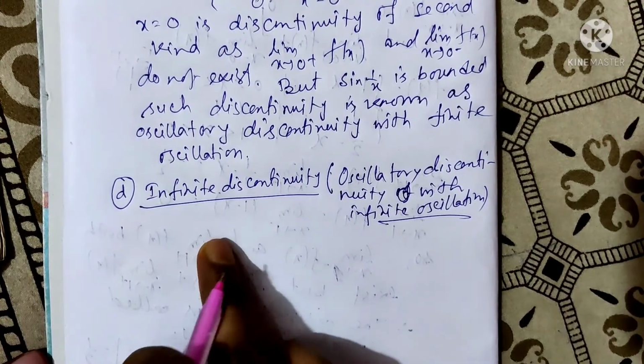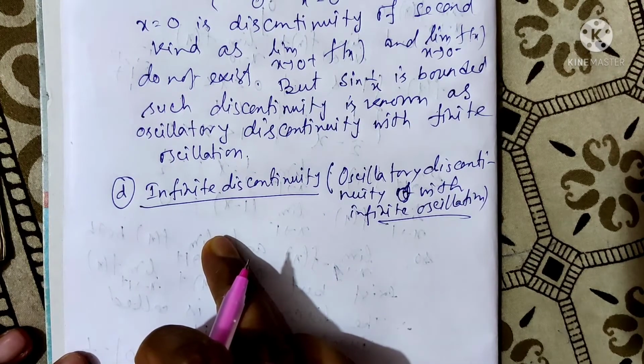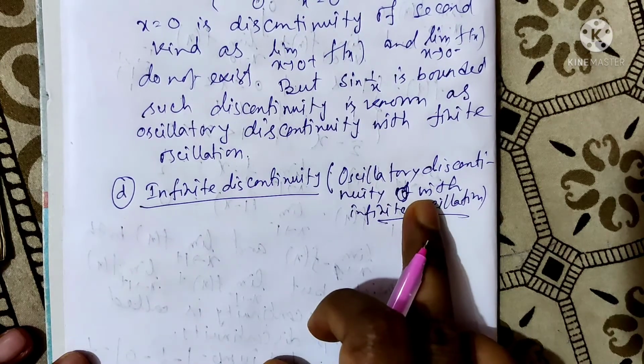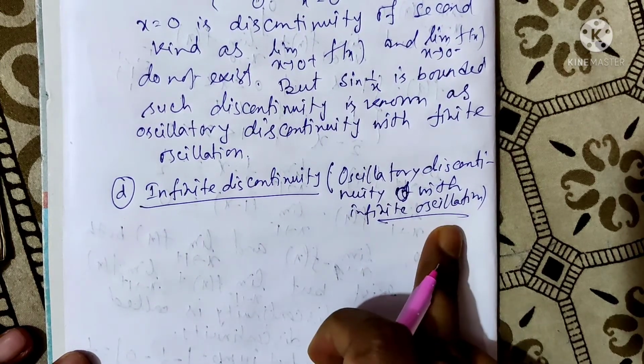Next, this is also a second kind discontinuity, called infinite discontinuity or oscillatory discontinuity with infinite oscillation.